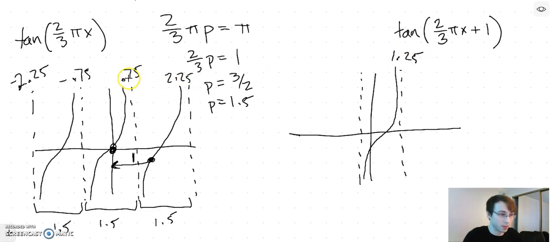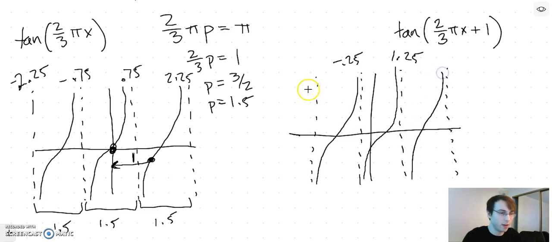This asymptote that was originally at 0.75 is shifting back to negative 0.25. And then we continue drawing. The period is 1.5, so this is like negative 1.75, and then this one will be 2.75.